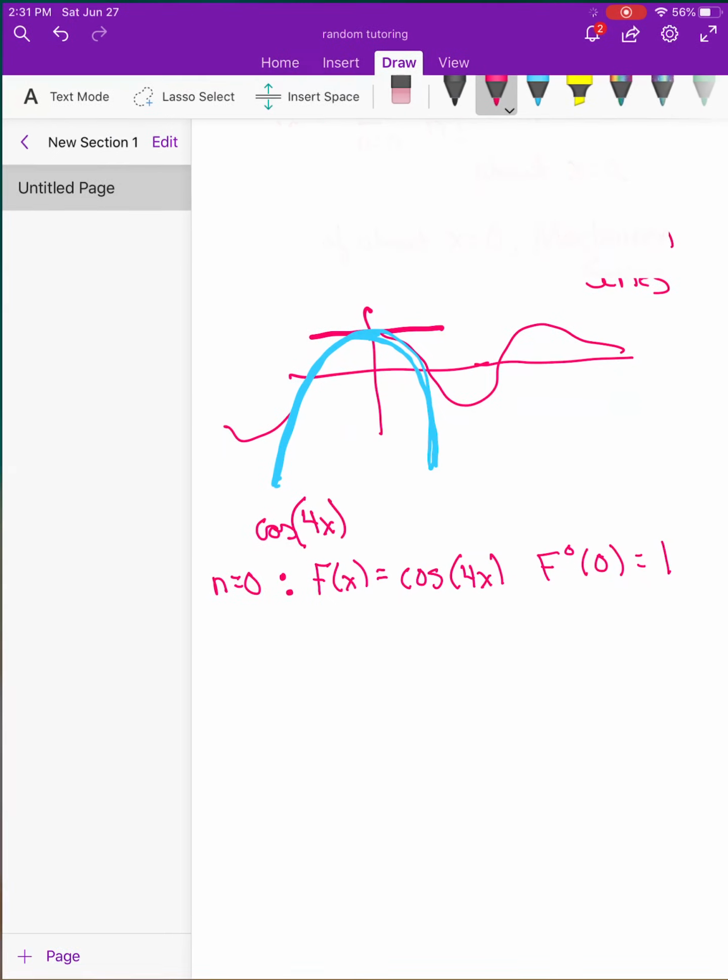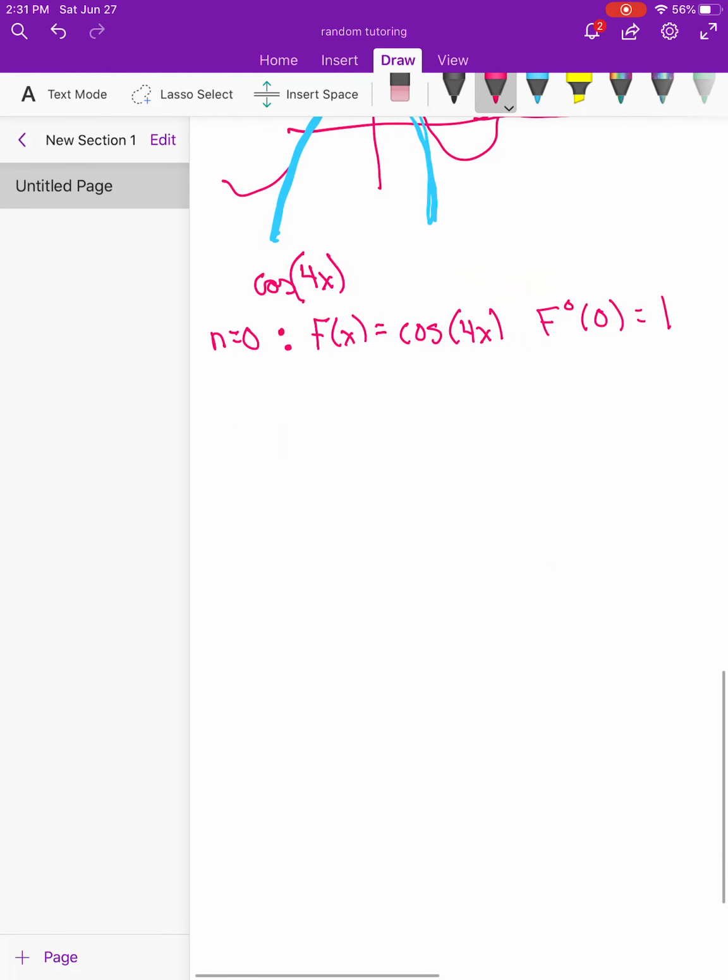Then at your first derivative, n equals 1, f prime of x, the derivative of cosine is negative sine 4x, and f prime of 0 is 0, since sine of 0 is 0.